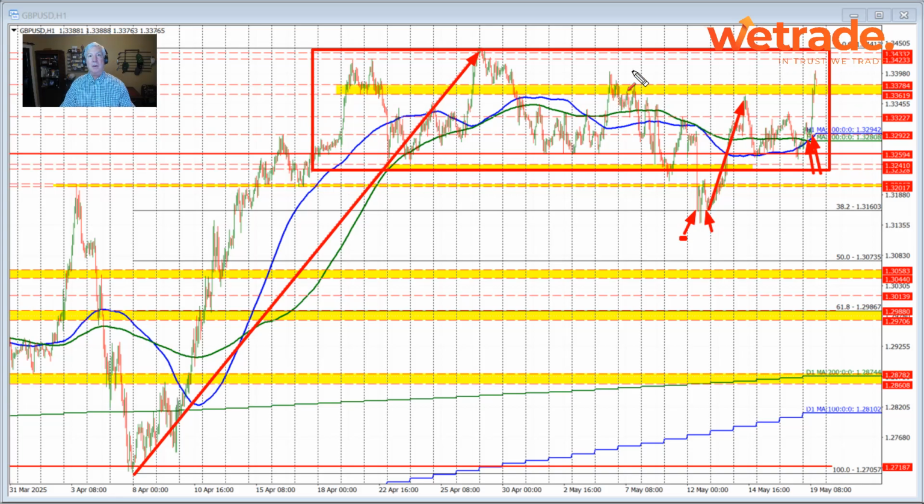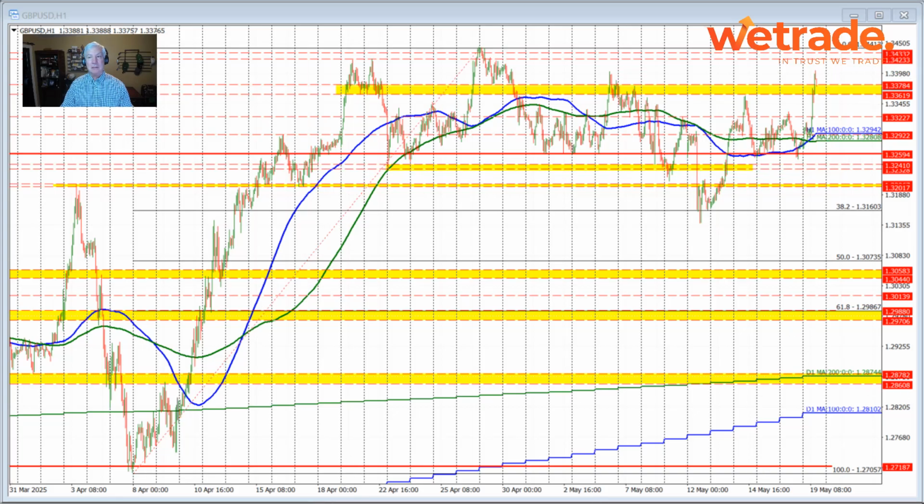We did move above it a few weeks ago through here, but the two times above that we failed, and then we reestablished resistance against that area before moving to the downside. So this area is now going to be close support. If we're able to correct into this area and bounce and stay above it, the buyers will remain in control and we'll look toward our high prices here between 134.23 and 134.41. In between that level is 134.33.